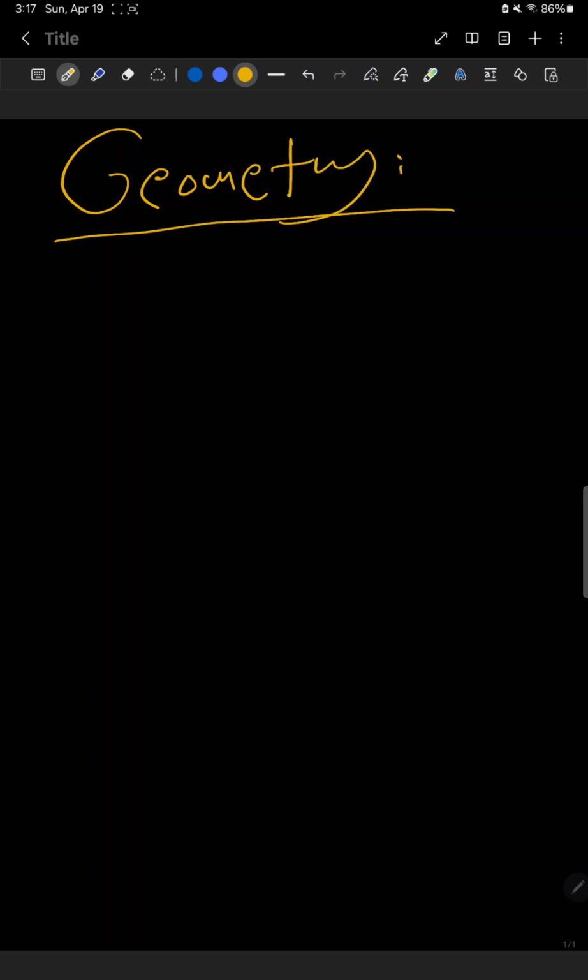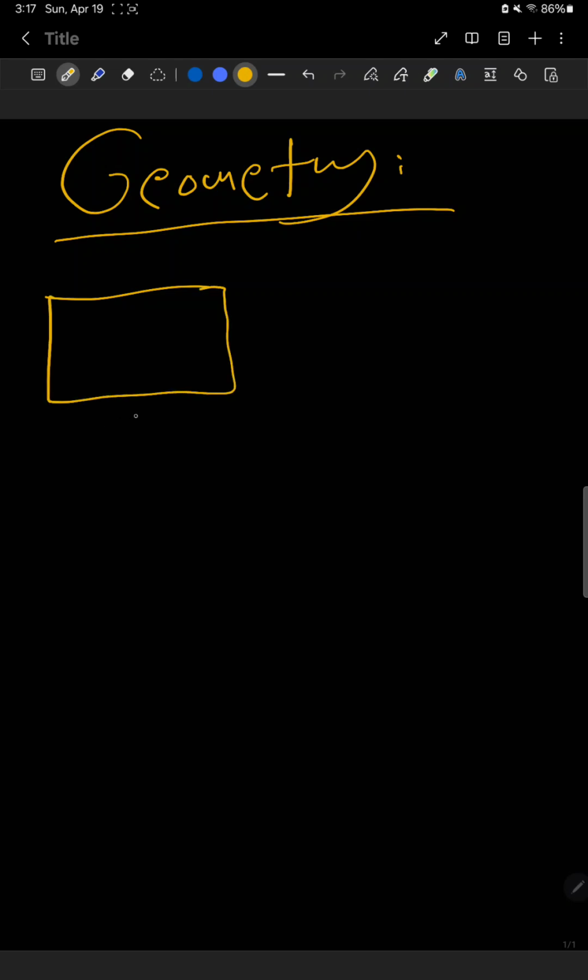Now, also when I talk about geometry here, I'm going to try and talk about anything that comes across my mind. For example, what is the area of a rectangle?